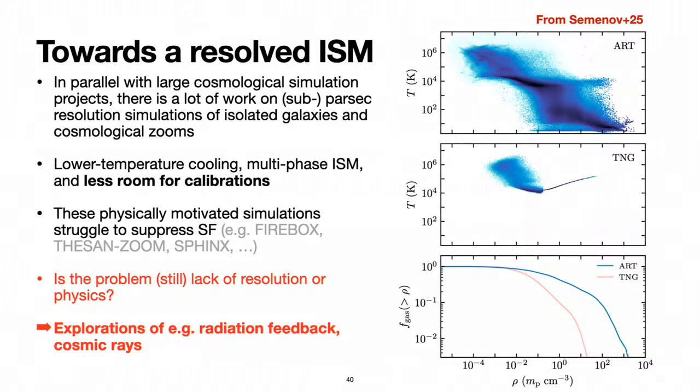These are still the sizes of molecular clouds in your simulations. And I think you really need to resolve individual molecular clouds to capture the early feedback from stars, the effects of stellar winds, the effects of radiation. But while we are still not able to reach those kinds of resolutions in cosmological simulations, people have at the same time been exploring the effects of additional physics for feedback.